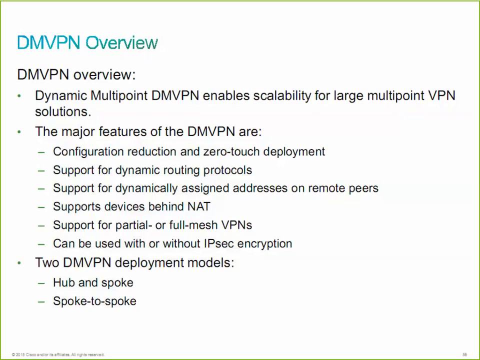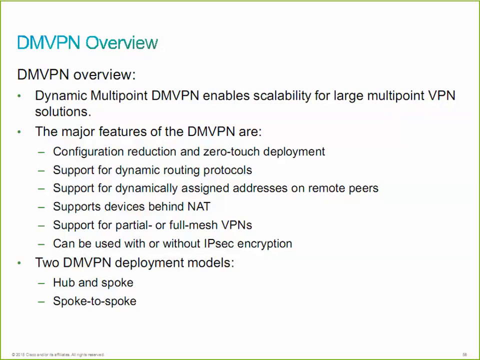All right. Number one, the configuration tasks are greatly reduced on the hub router, right? Because we're using a multi-point GRE interface, we configure only one interface to support all of the spokes that we're configuring. The other option is what we call the zero-touch deployment option.